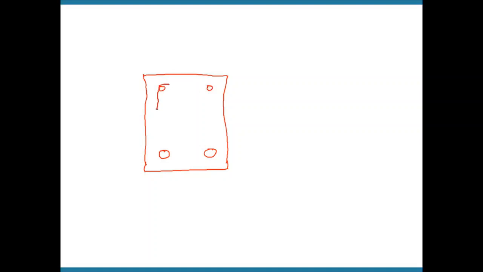Now whatever these bars are there, they have to be tied with the stirrups. Okay, this is the stirrup.